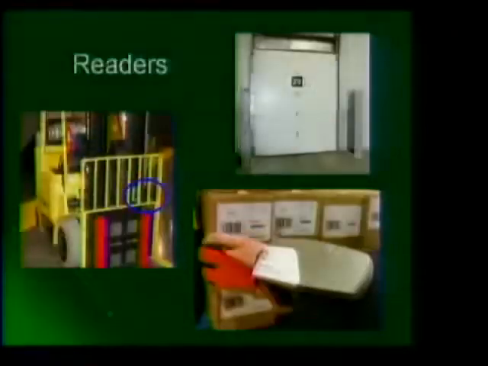Okay. Here's some examples of readers. The one on the left is mounted on a forklift, obviously. And the one at the top is the one I was talking about with the stalls. They're actually going from the stalls to the smaller ones because most companies realize that, with inflation, if they grow in size as a business, they have to move to a new location or whatever, they don't have to install any more of these expensive stalls because they own the forklift, so they take them with them.